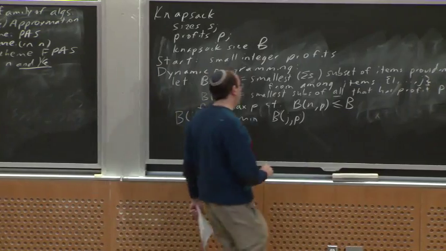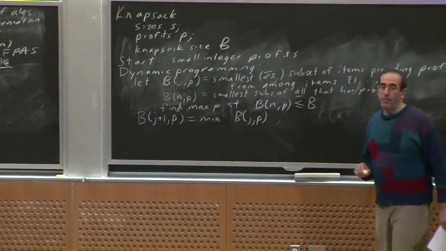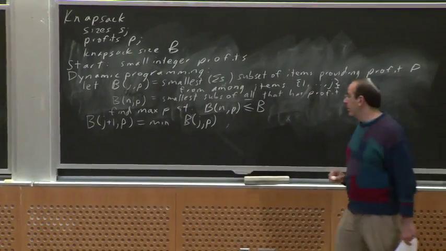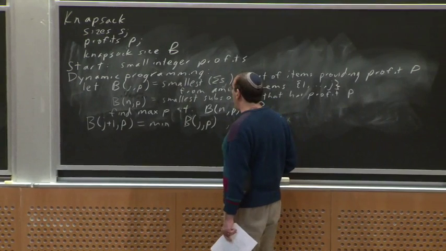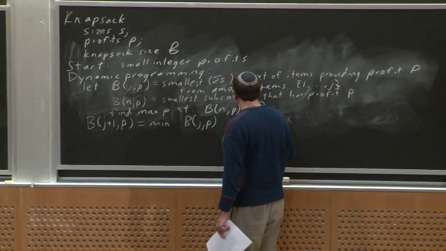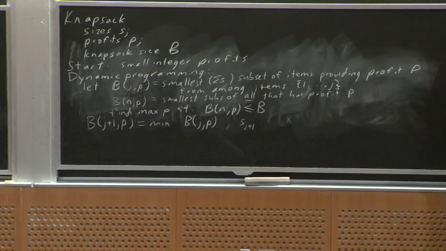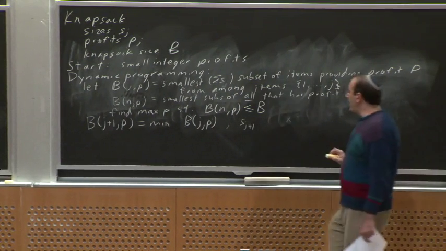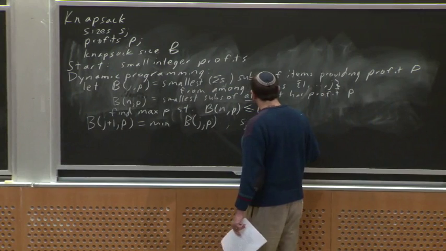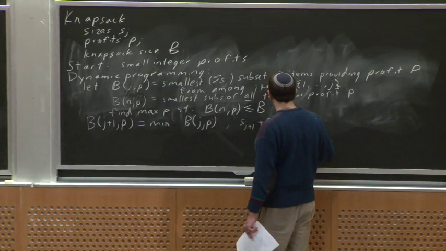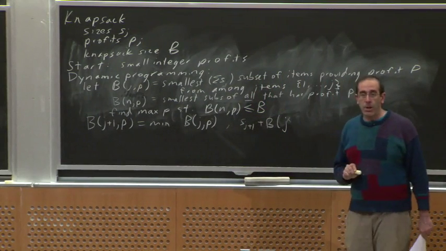The other possibility is that it does use item j+1, and that means right away we're going to be using S_j+1 space for that item. But having done so, we don't need to achieve profit P anymore from the items 1 through j.